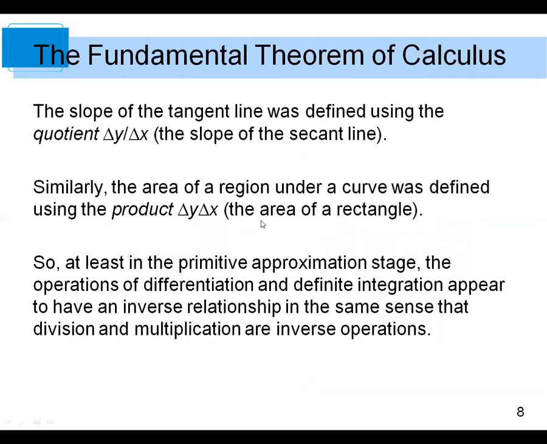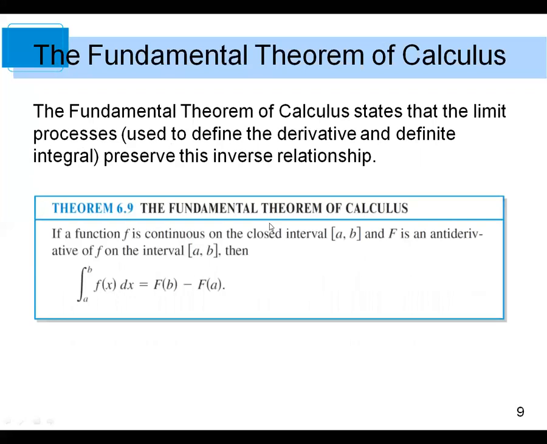The slope of the tangent line was defined using the quotient, change in y over change in x, and the area of the region under the curve was defined using products of the change in y times the change in x. So at least in the approximation stage, the operations of differentiation and integration appear to have an inverse relationship similar to that of multiplication and division.